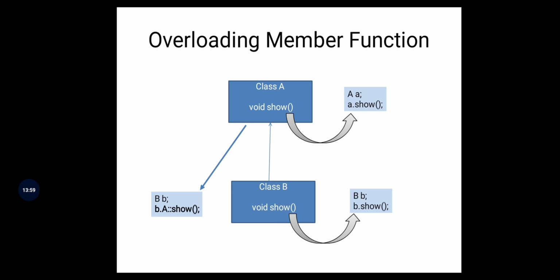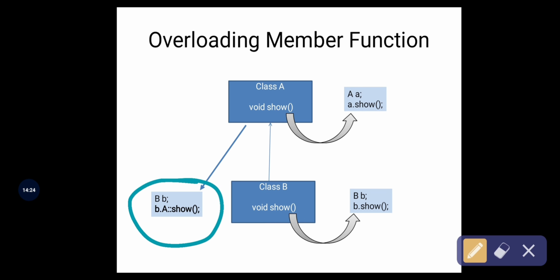When you invoke show using the derived class, you get the derived class show. And if the object B wants to invoke the base class show method, then we must use the scope resolution operator, and you are very familiar with how we need to do this. We have done this many times, and this is how you need to do it.